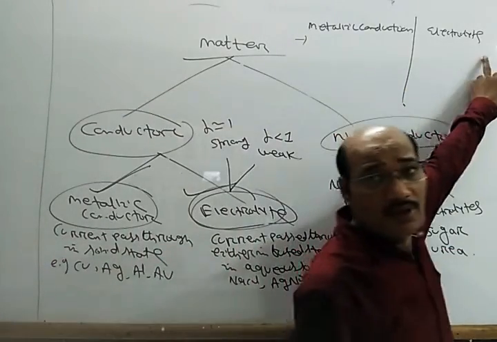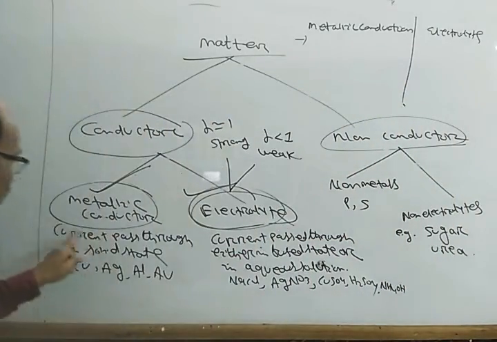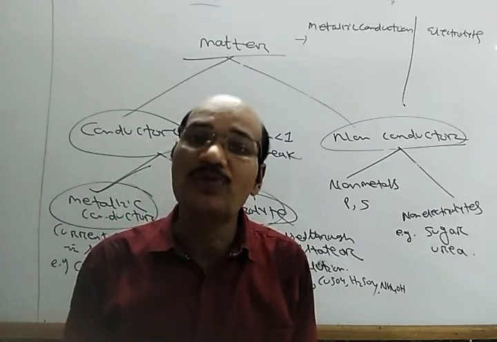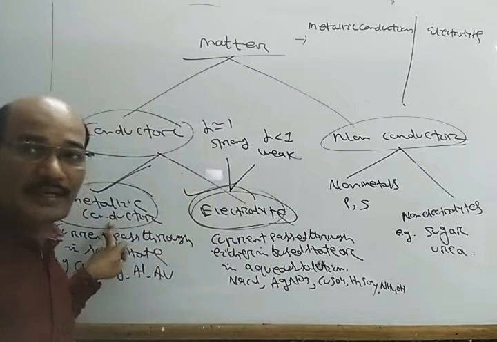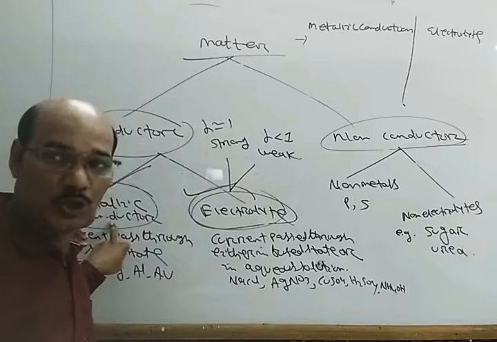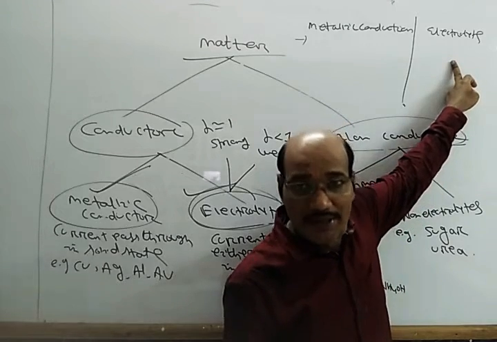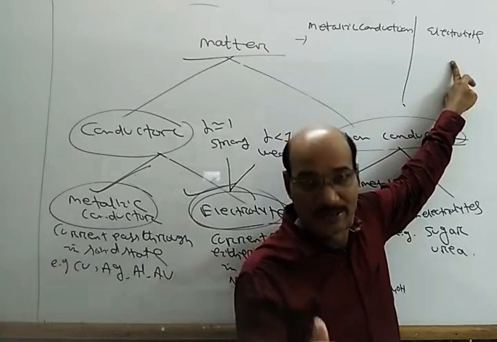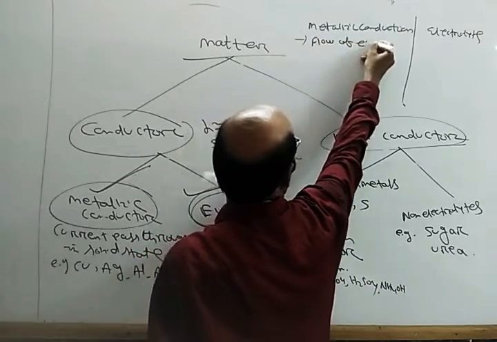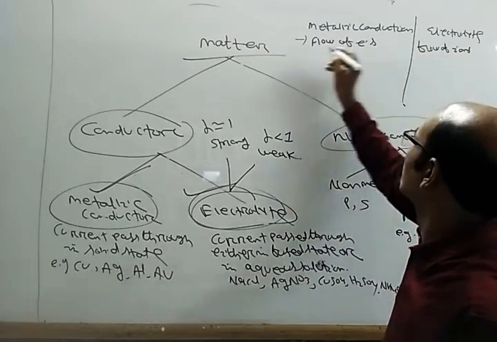In metallic conduction, the flow of current is due to the flow of electrons, whereas in an electrolyte, the current is due to the flow of ions.